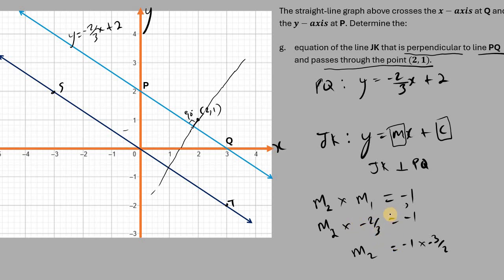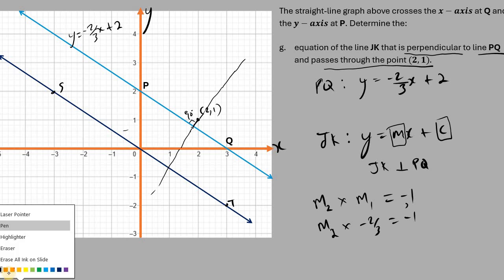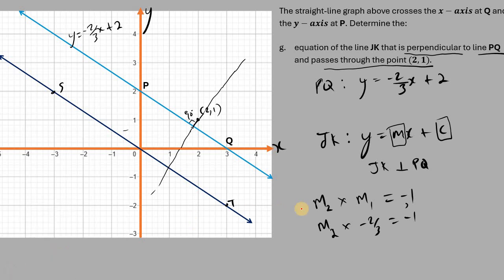A better way to do this so you don't get confused, because I know you're going to get confused here, is to multiply both sides by the reciprocal to remove it. I'm going to multiply this side by -3/2, and then multiply this side as well by -3/2.